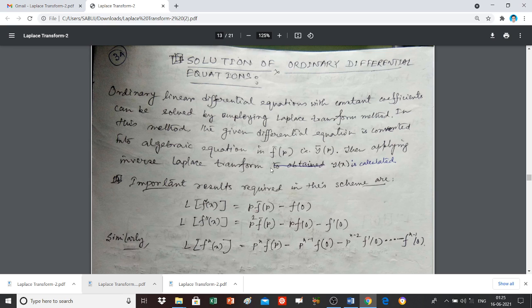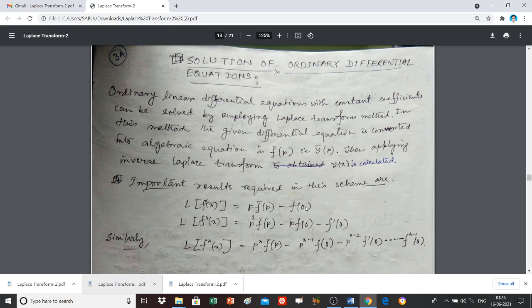Before doing that, we need to have knowledge of the Laplace transform of the derivatives of the given function f(x) or y(x). We have to recall these relations very often, and they are summarized here. First, the Laplace transform of f'(x) is equal to p F(p) minus f(0), where F(p) is the Laplace transform of the given function f(x).